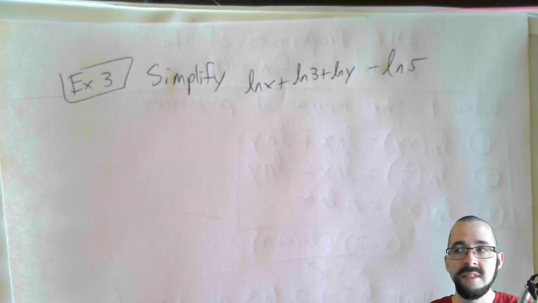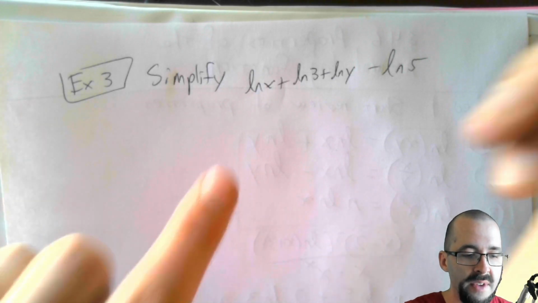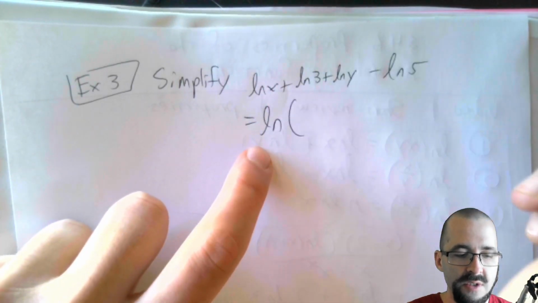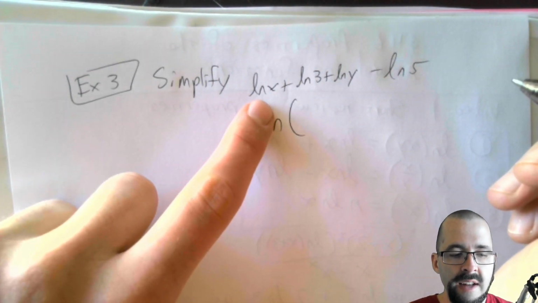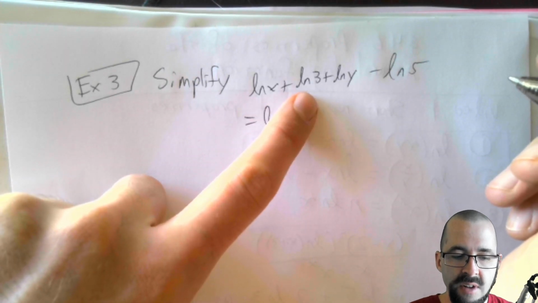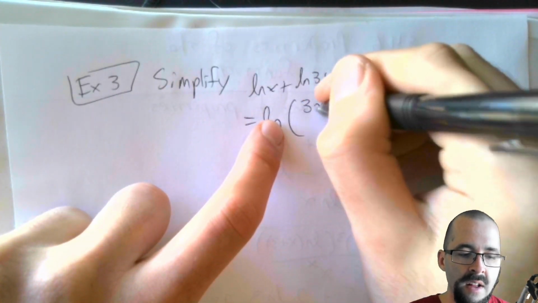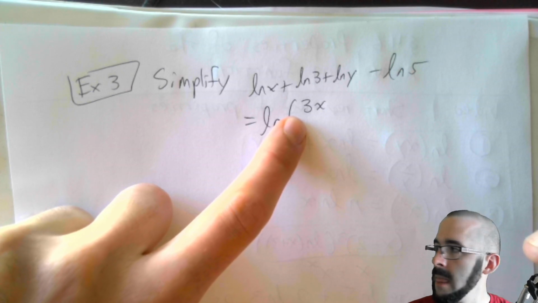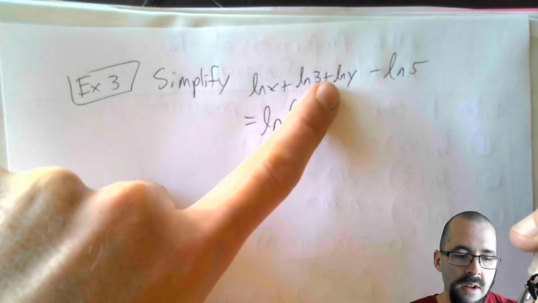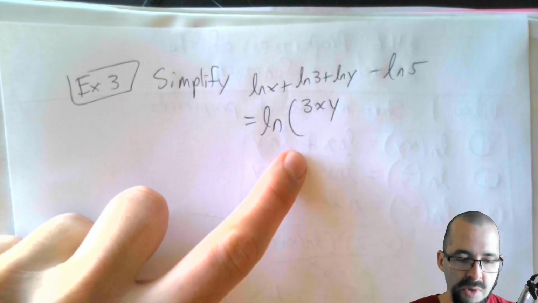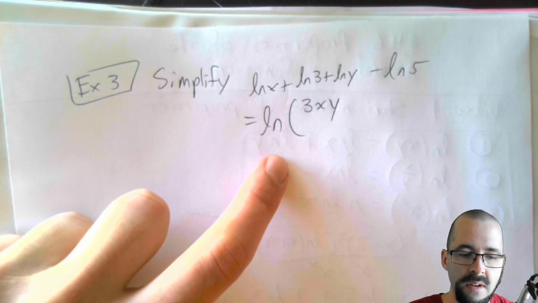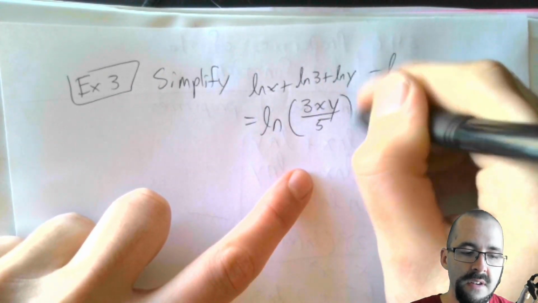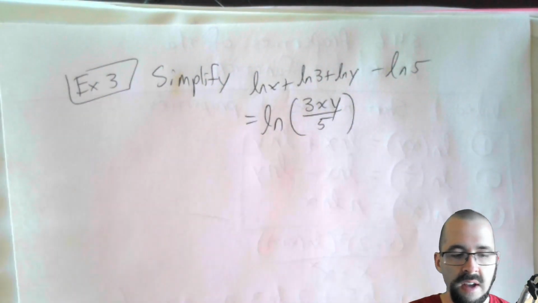If we're subtracting things, all those subtracted things go on the bottom. So we can do this in multiple steps, but we really can also just do it in one step. Natural log of x plus the natural log of 3, let's multiply them. Plus the natural log of y, multiply that too. Minus the natural log of 5, divided by 5. And there we go.